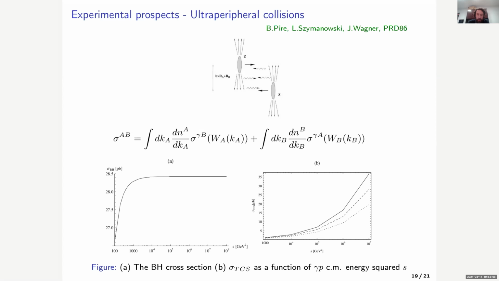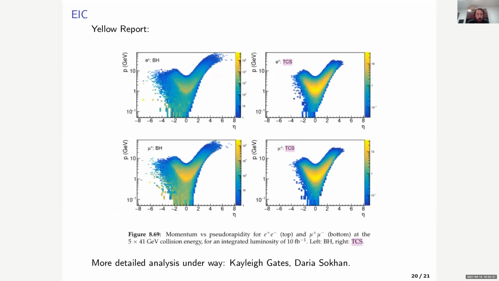And we can use hadron-hadron or proton-nucleus, for example, collisions to measure TCS at LHC or RHIC. And last but not least, there are plans to measure TCS at EIC. At the Yellow Report, there is some preliminary analysis, and more detailed analysis is underway by Kayleigh Gates and Daria Sokhan.